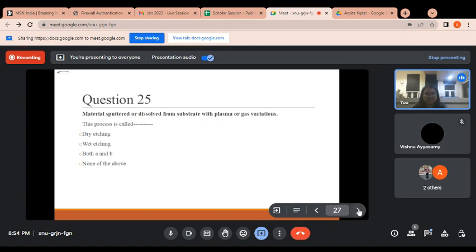Material sputtered or dissolved from the substrate with plasma or gas variations. This process is called? Option A. Yes, dry etching. Shankar, what is the right answer? Option A, ma'am. Dry etching. Okay, good.